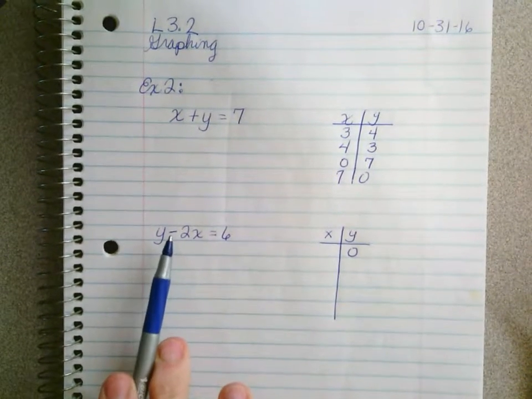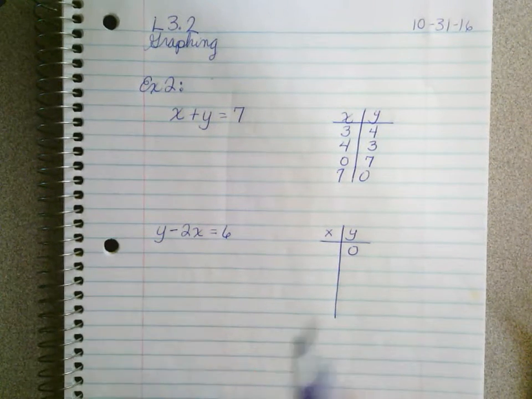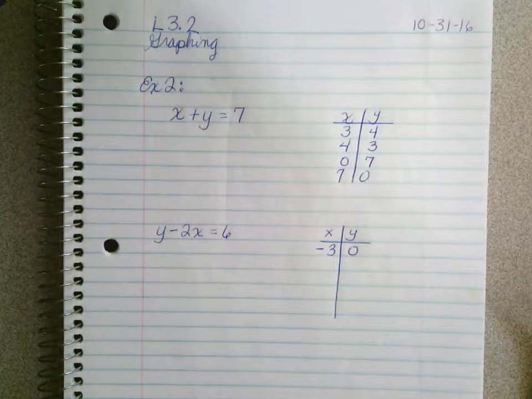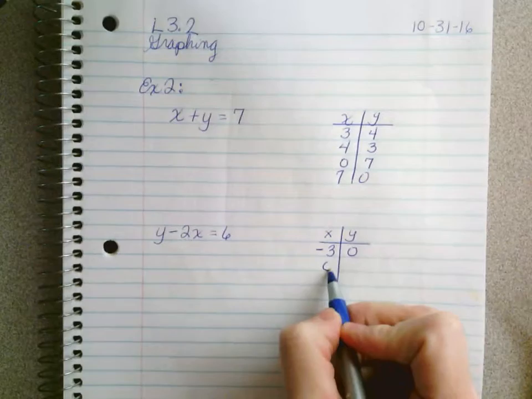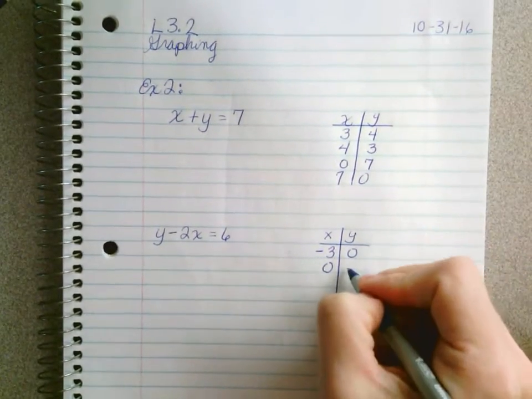Then negative 2 times what will give me a 6? Yep. I'm a big fan of using 0 whenever possible. And what if I made x 0? 6. Very good.